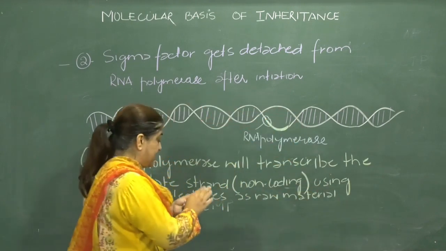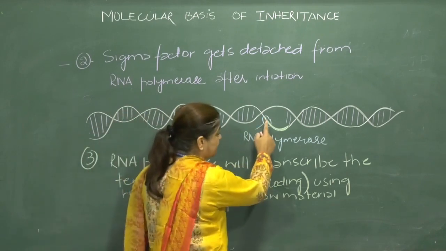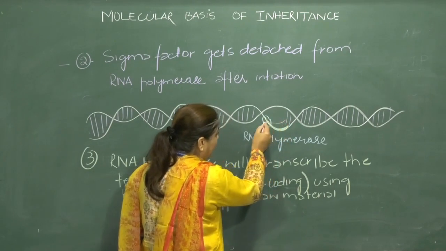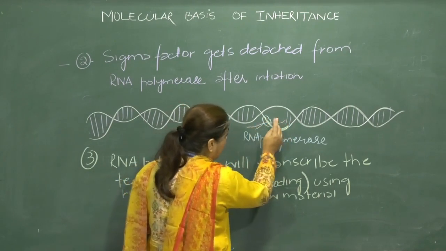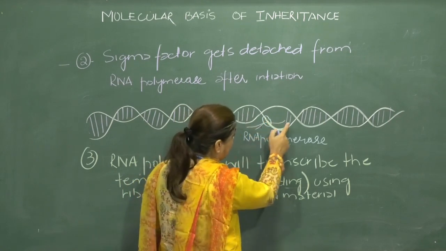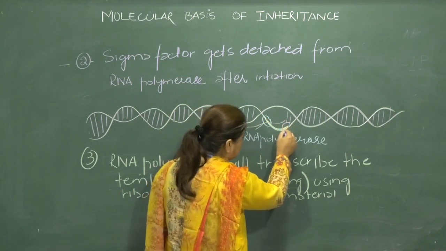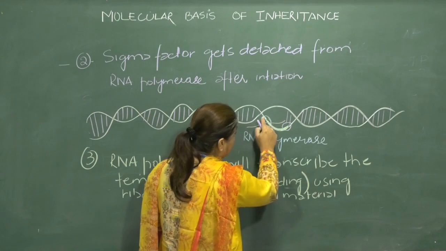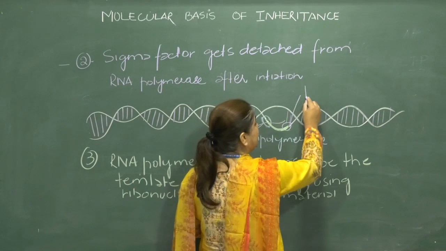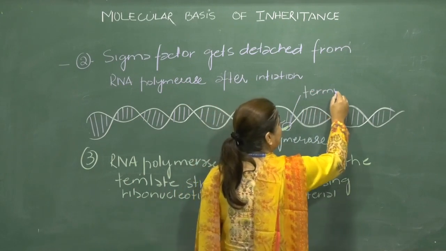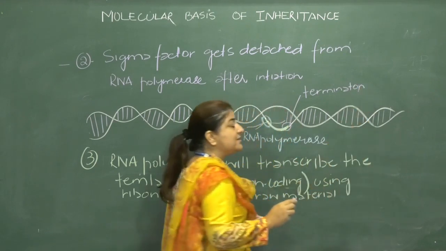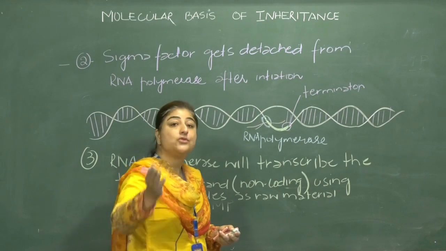Once this RNA polymerase reads the whole structural gene, it makes the mRNA transcript. The RNA polymerase is reading this template strand, and once it reaches this region, which is basically the terminator region, it contains the stop codons.